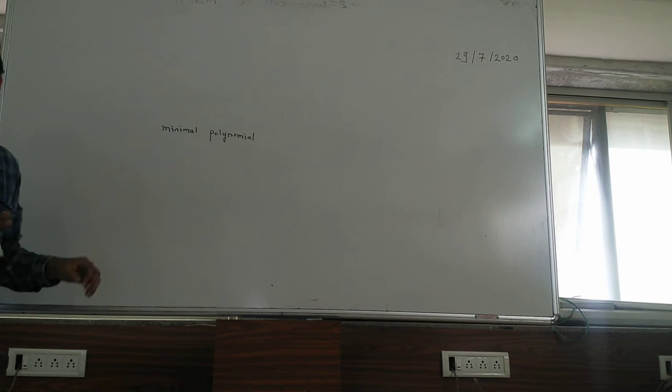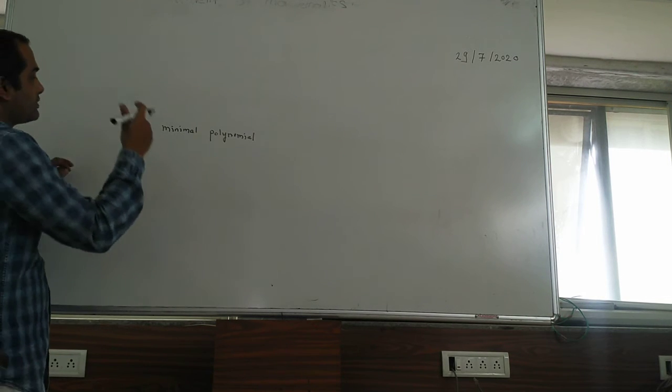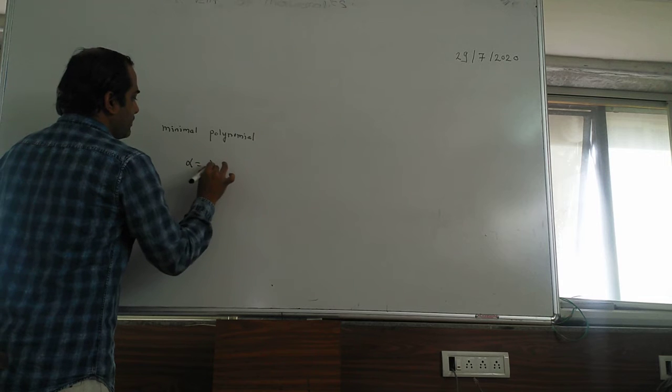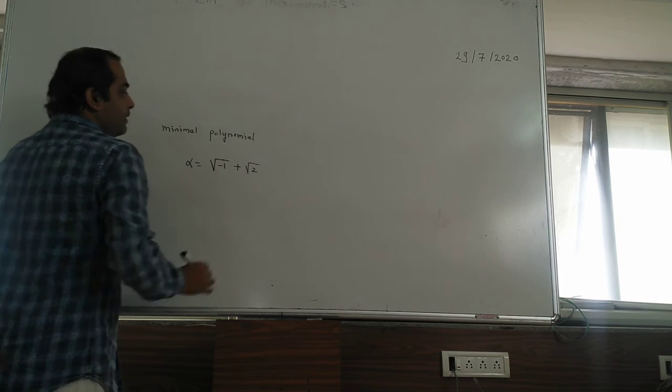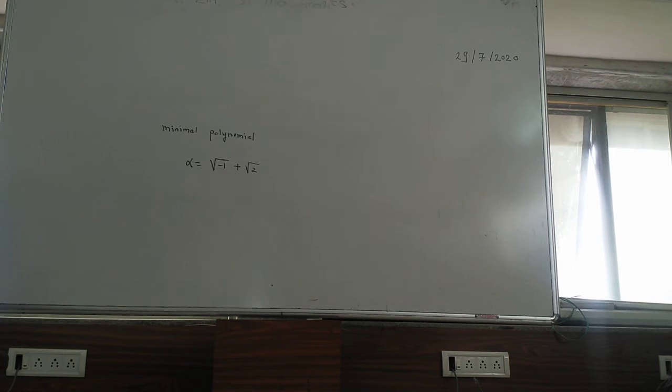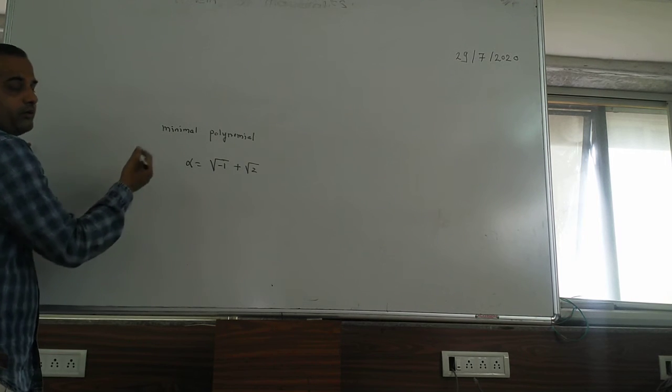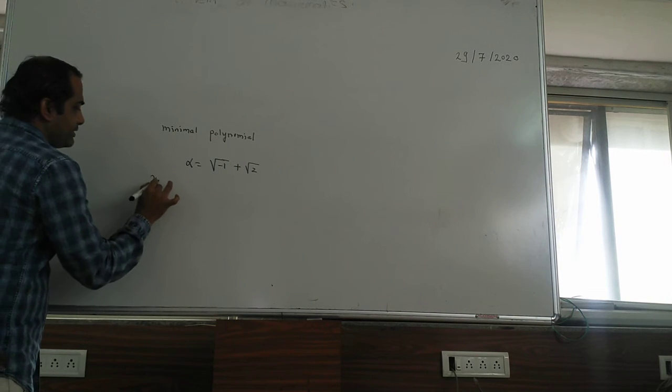Okay, alpha is equal to, we are taking say square root of minus 1 plus root 2. So alpha is equal to square root of minus 1 plus root 2. Okay, so we have to find out the minimal polynomial with respect to this. Only thing, the same procedure, take x is equal to alpha.